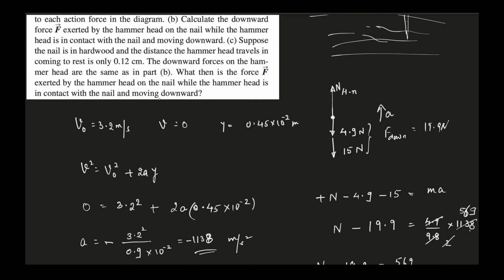Force exerted on the hammerhead in the downward direction is 19.9 Newton. But look carefully at what is being asked. Calculate the downward force exerted by the hammerhead on the nail. So what we are looking at is not the force on the hammerhead, but the force on the nail.